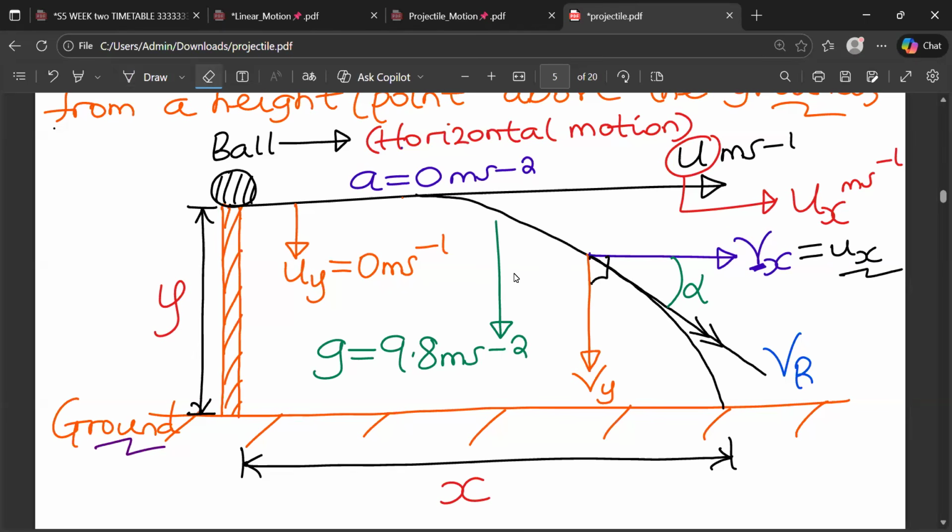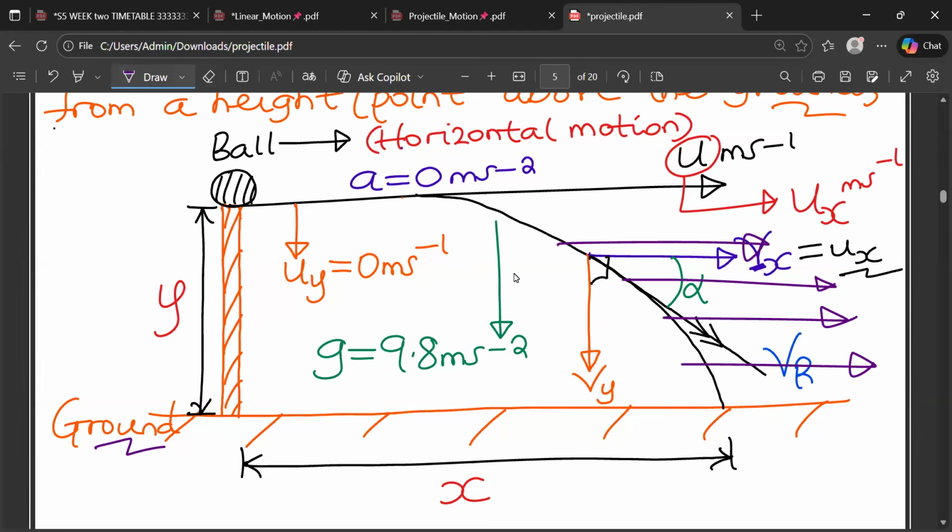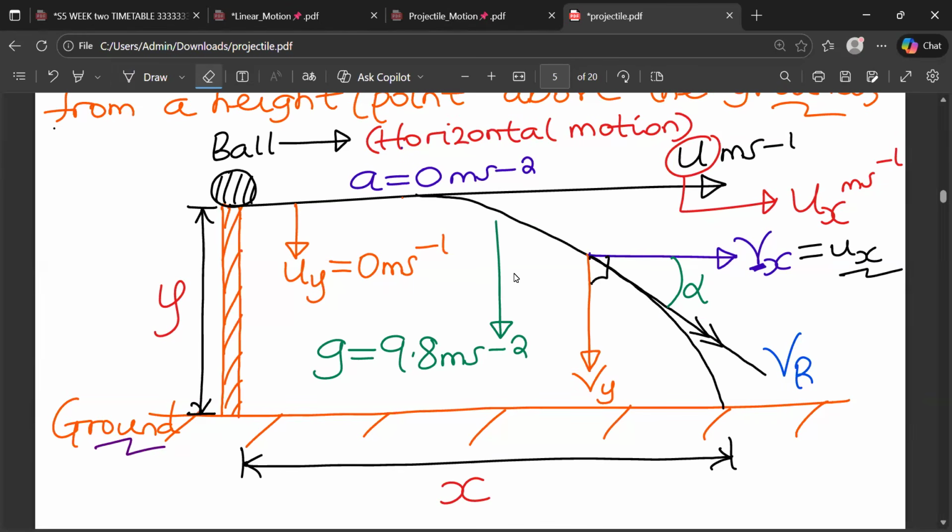So you realize that Vx, anything that is like this, like this, you see it finally blends with the U. That's why we are just saying that the horizontal component Vx is U. Or someone can even say Ux.